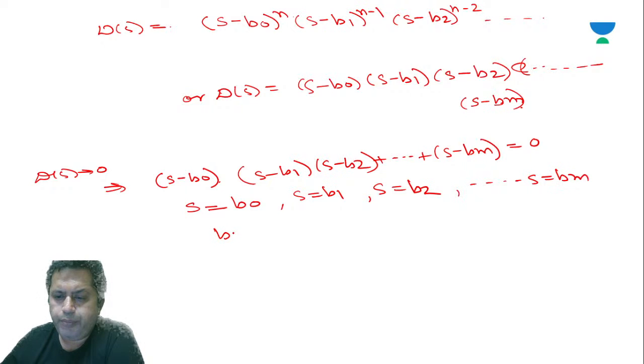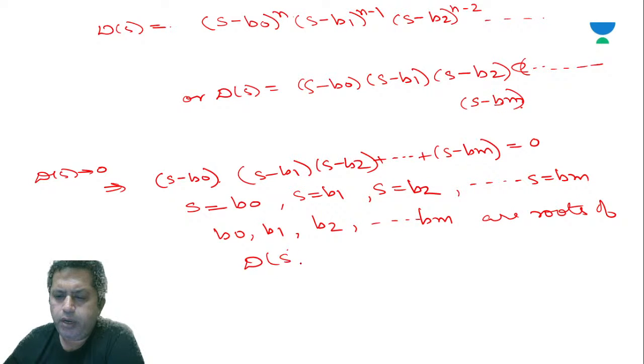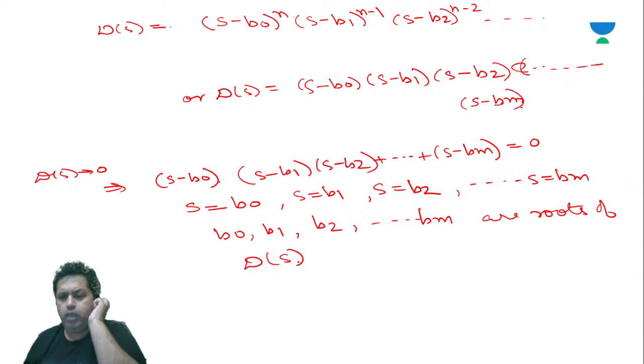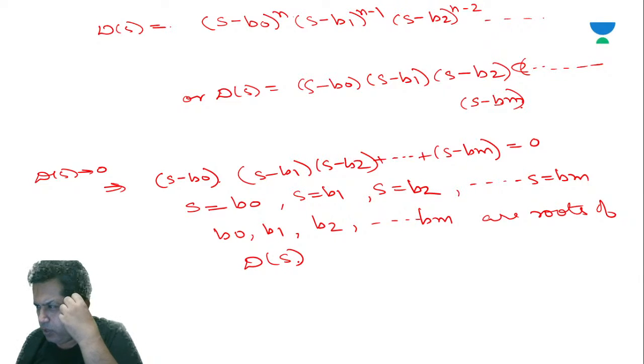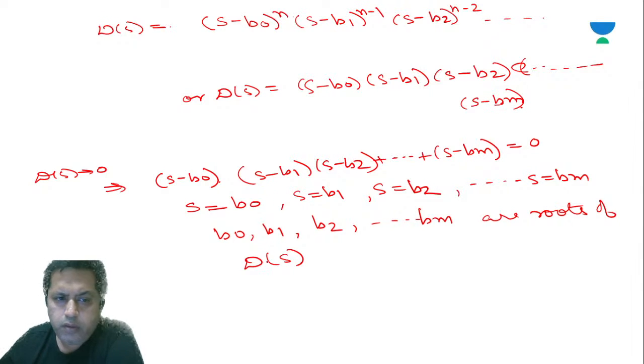So b0, b1, b2, dash dash dash bm are the roots of the denominator polynomial. Let us check now if these are the roots.